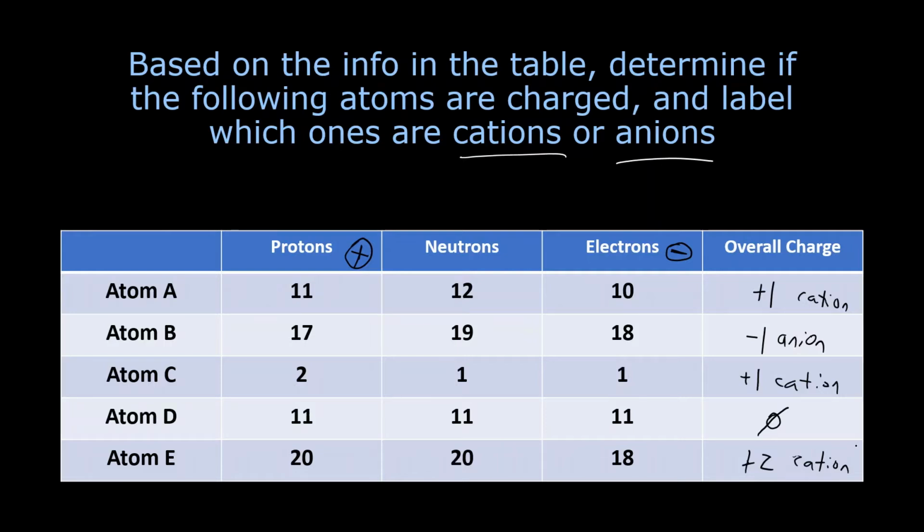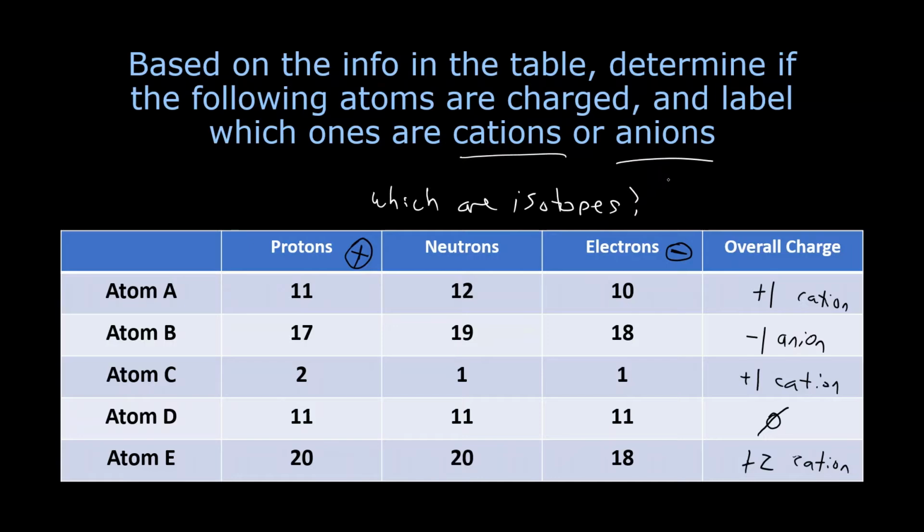Now, if the question were, which of these 2 atoms are isotopes of one another? Let's change it up a little bit. So, which are isotopes of one another? Well, what do we look for when we look for isotopes? We look for same atomic number, which is same number of protons.